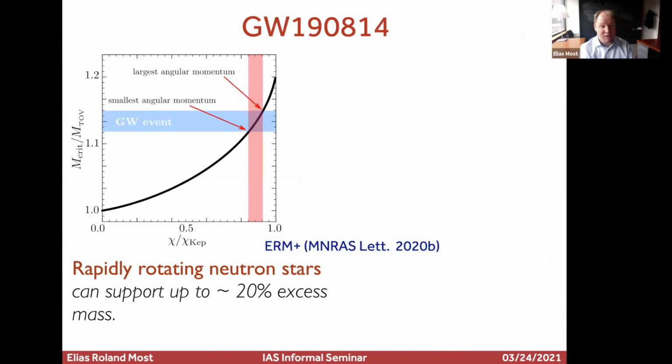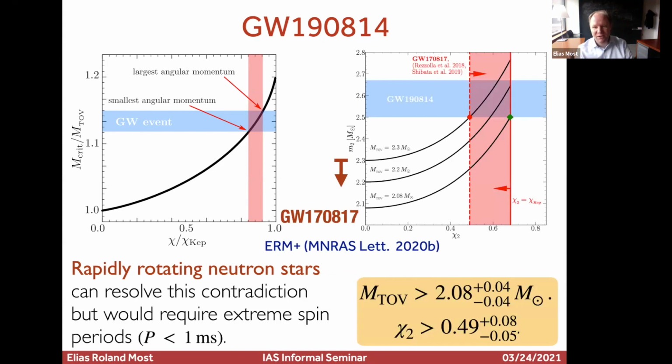And then what you can do is you can say, well, let's combine this. Let's ask really, how much spin do I need to explain this 1908-14 observation? And there, you don't just use the 20% value, but it's actually a relation that sensitively depends on spin. So from the equilibria, given a certain amount of spin, what's the maximum mass I can support with that spin? This is the black curve showing here, goes from like 1 to 20%. And then we can just overlay this with the mass range that you have for 1908-14.